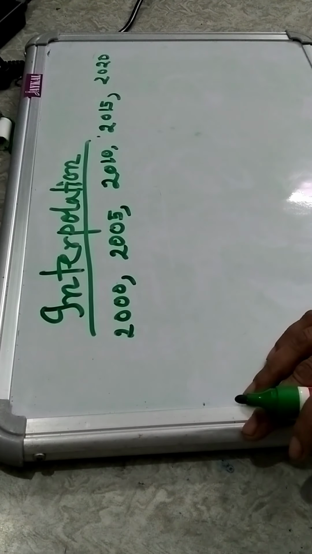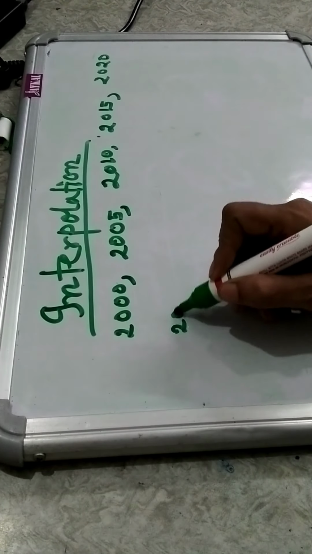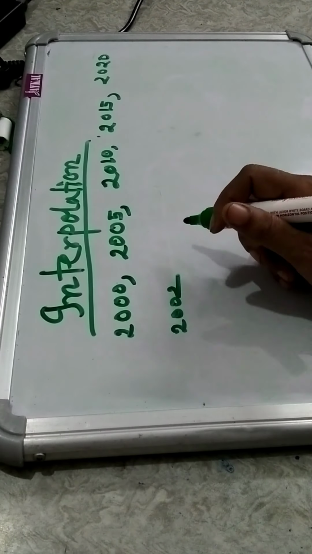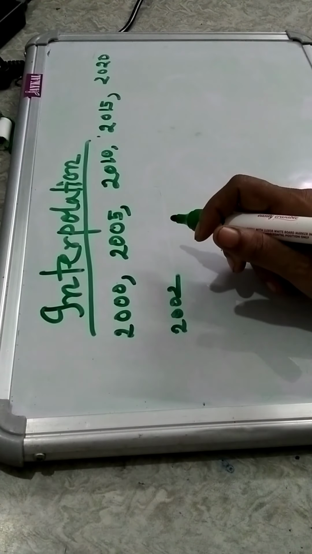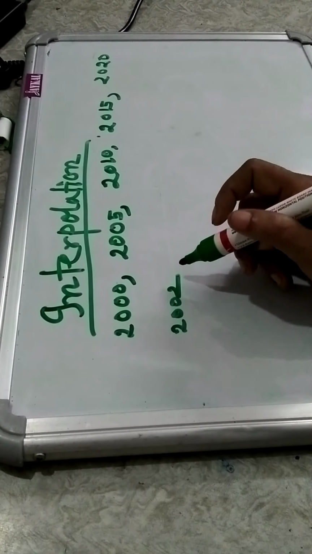And we are required to find the production of tea for the year 2002. This can be done with the help of interpolation.